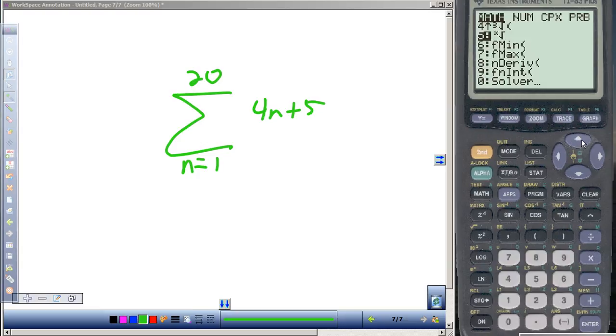Yeah, it's under math. Where is this sum one? We're looking for it.